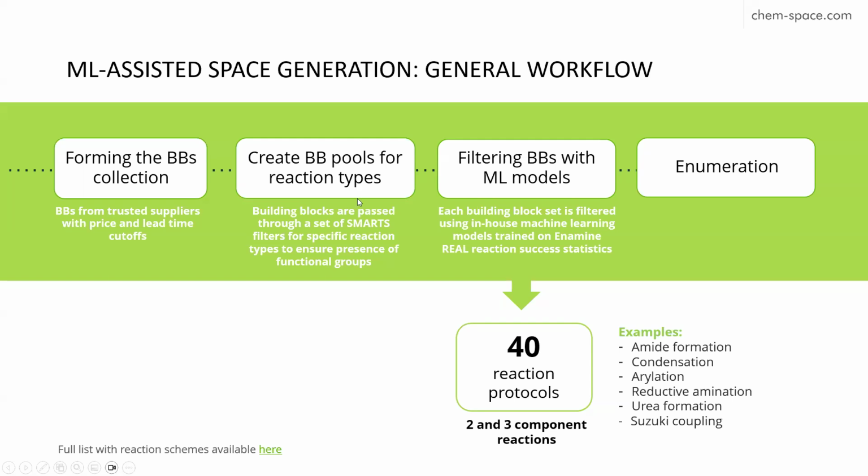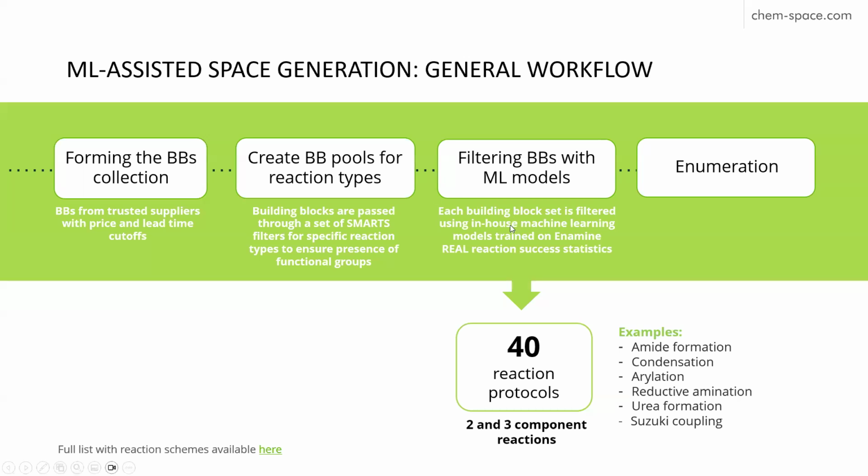The next step is to create so-called building block pools, basically qualifying the building blocks which will be suitable for the particular reaction. We do it using a set of SMARTS and basically ensure that the building blocks in the pool contain the needed functional group to participate in this or that reaction.